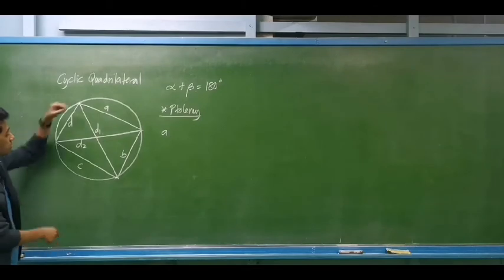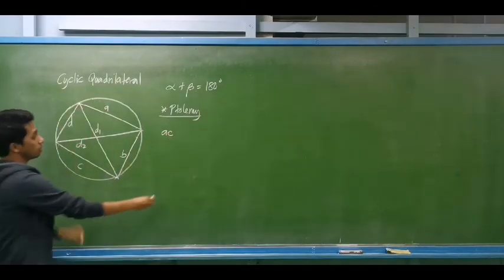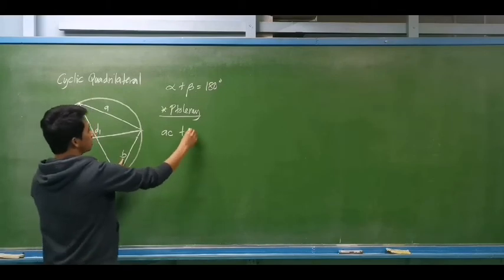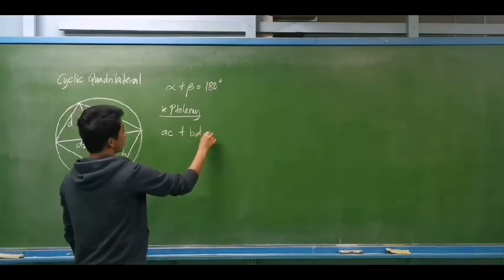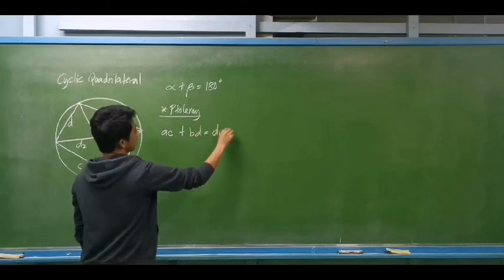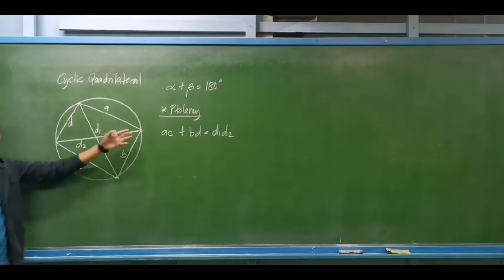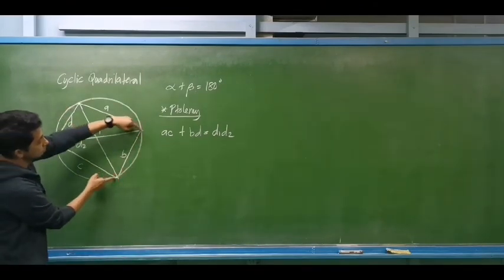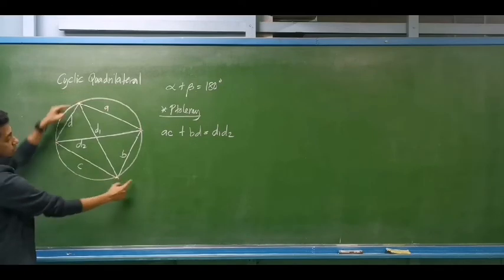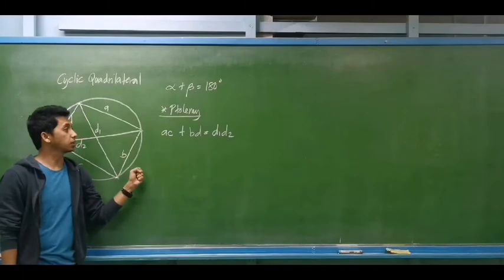So ano ba yung mga opposite sides? Side A times side C, plus side B times, yung opposite niya is, si side D, ay equal daw sa product ng mga diagonals. So A times C plus B times D is equal to D1 times D2. That is Ptolemy's theorem for a cyclic quadrilateral.